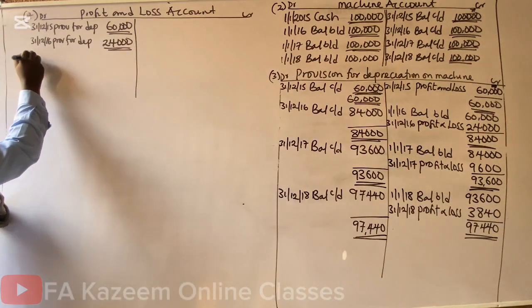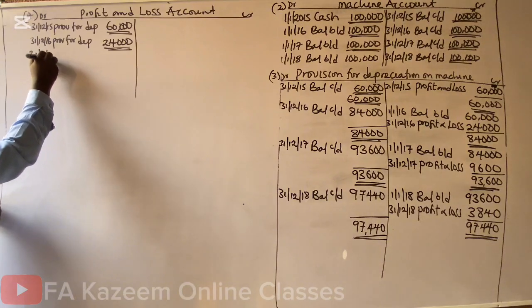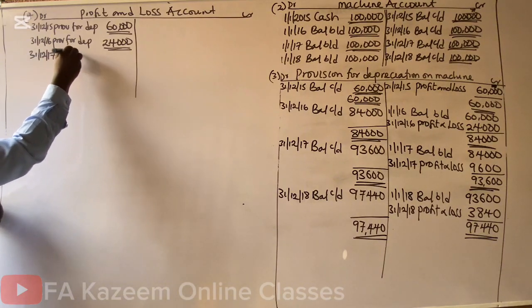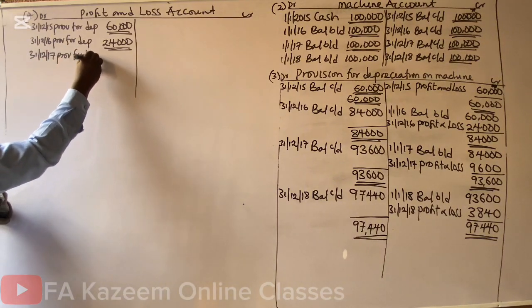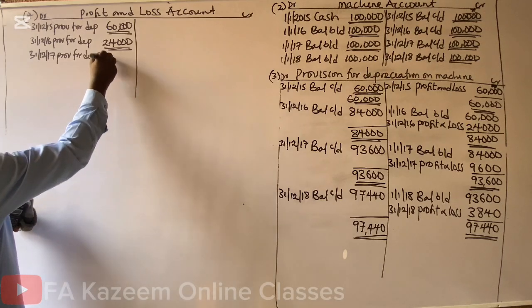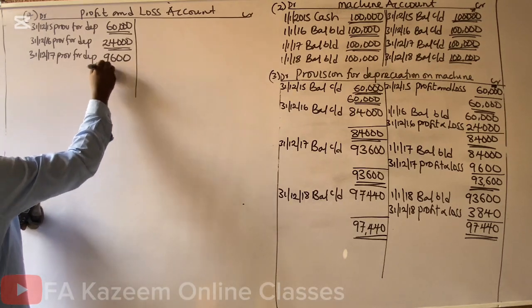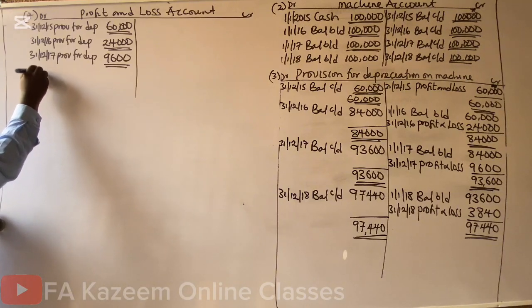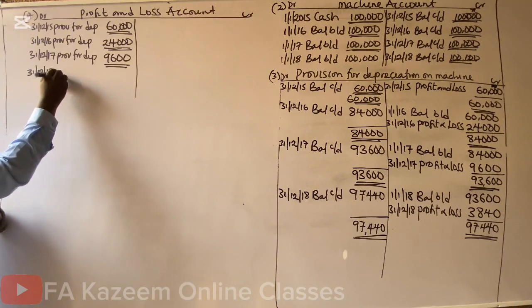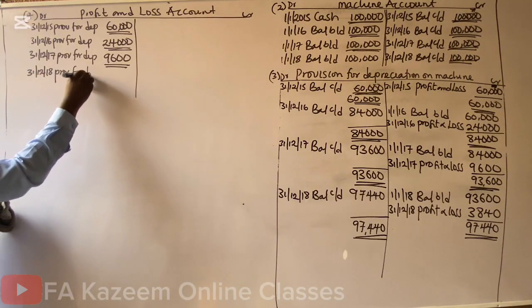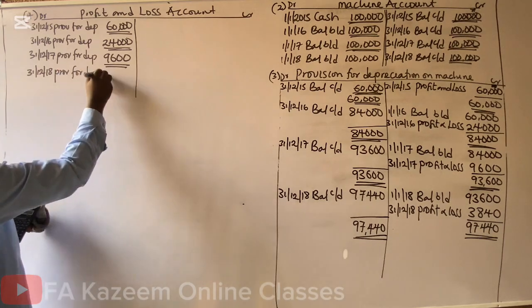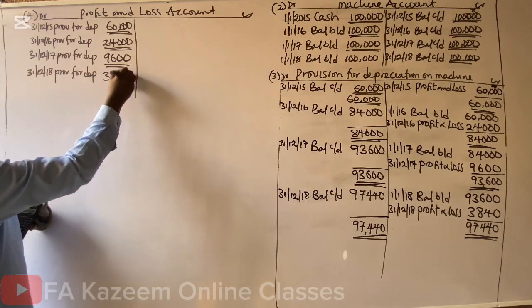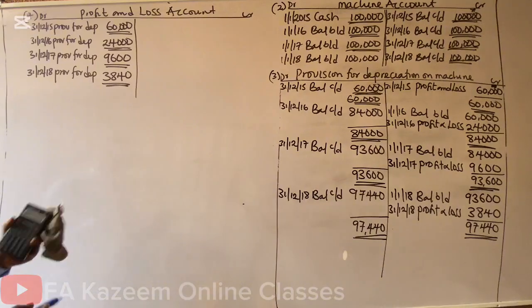That's 31st 12, 2017, provision for depreciation, 9,600. That's what they set aside. And for the last year, 31st 12, 2018, provision for depreciation is 3,840.